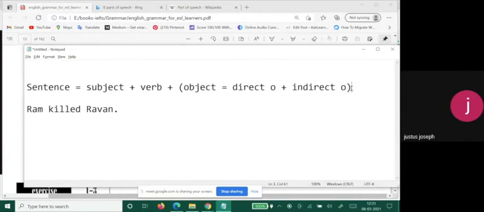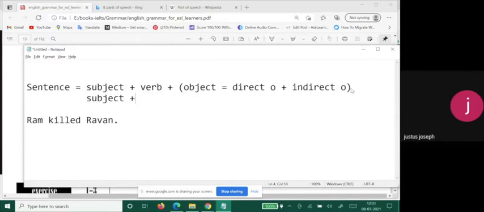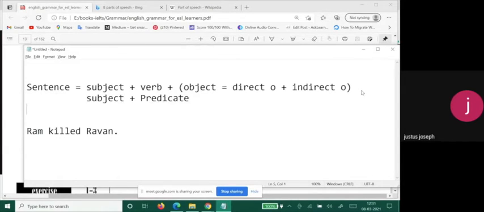Sometimes a sentence is equal to subject plus predicate. This is another form of a sentence. In general terms, just understand a predicate as a verb and an object.